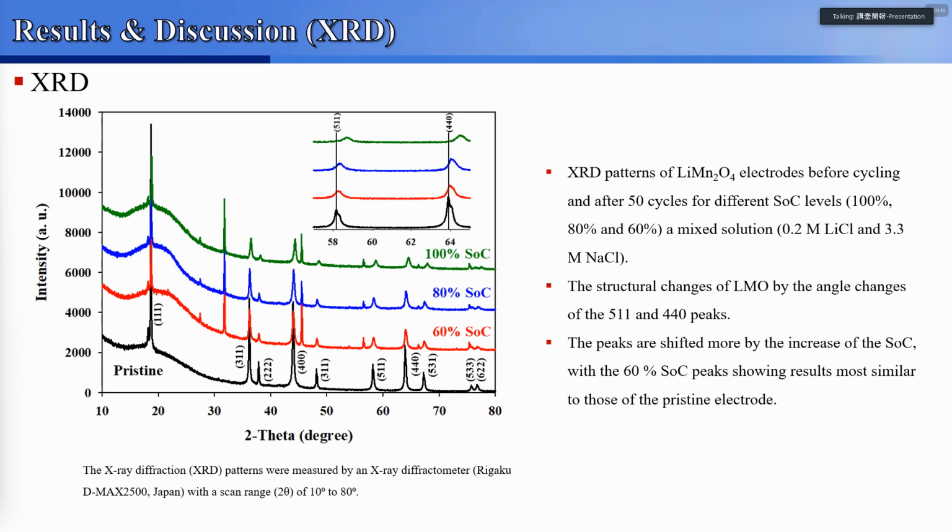And the peaks are shifted more with the increase of the SOC level. It means that the lower SOC control shows a result similar to the freestanding electrode, and it means that the damage of the electrode is minimized.